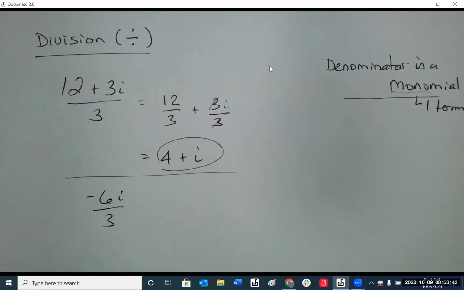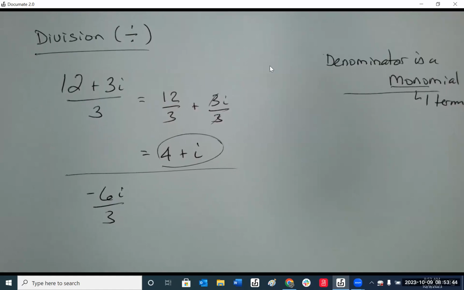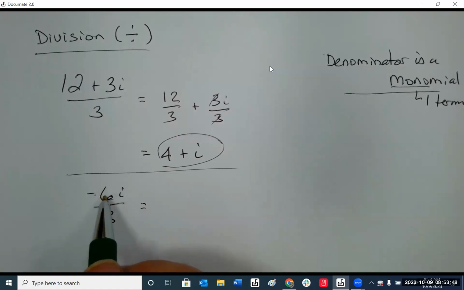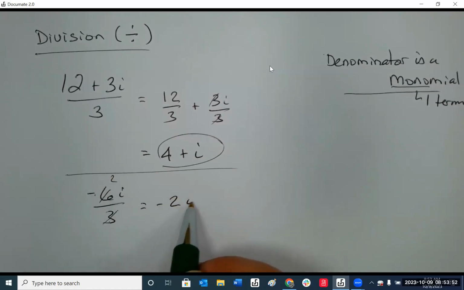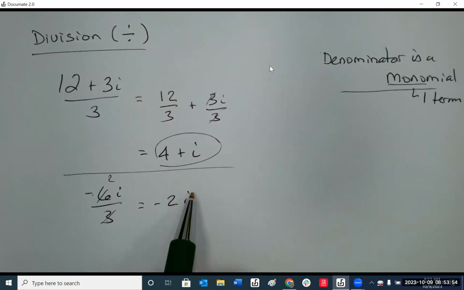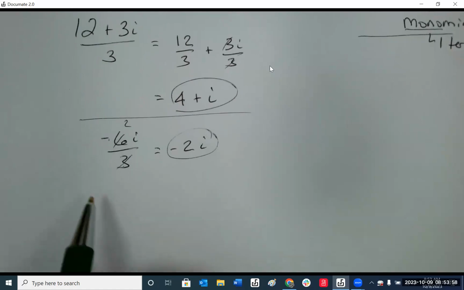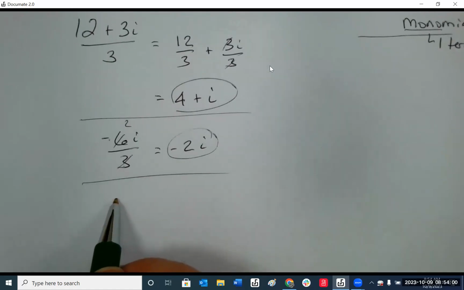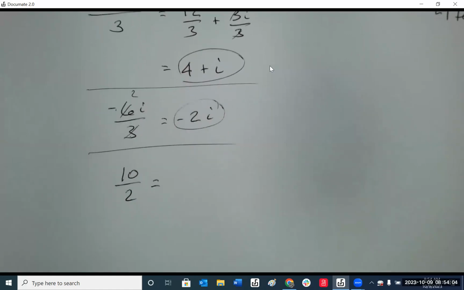What if you had a monomial on top and bottom? -6 divided by 3 is -2i. What would this one be?